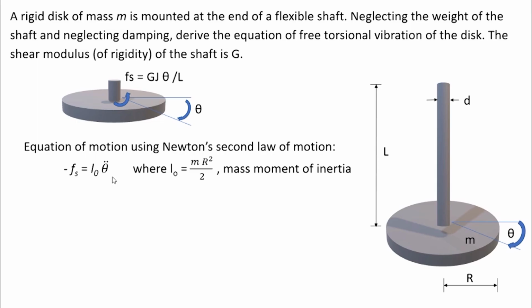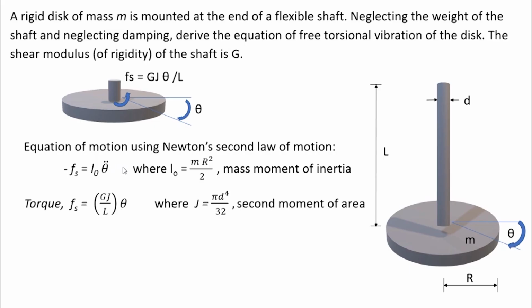So the unbalanced force will be equal to angular acceleration multiplied by I naught, which is the mass moment of inertia of this disk. So for a disk like this, the mass moment of inertia is equal to m r square by 2, where r is the radius of the disk. So minus Fs is equal to mass moment of inertia times angular acceleration.